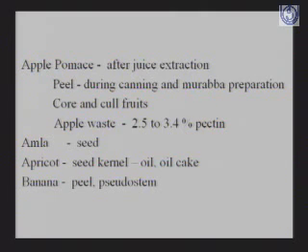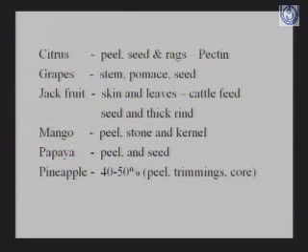In amla, we get the seed and its kernel. Apricot gives seed, kernel, oil and oil cakes. Banana gives peel and pseudo stems. Citrus gives peel, seed, rags and pectin. Grapes give stem, pomace and seed.